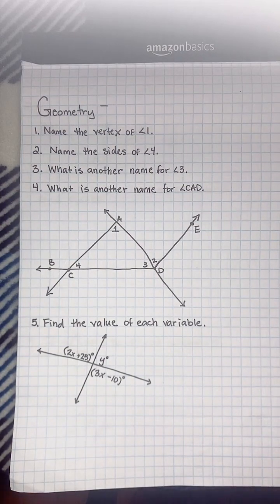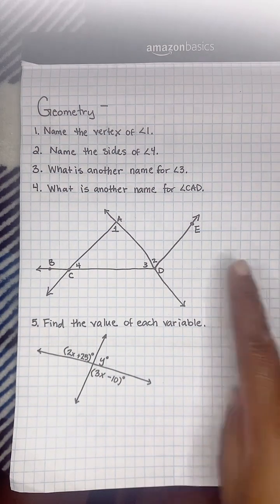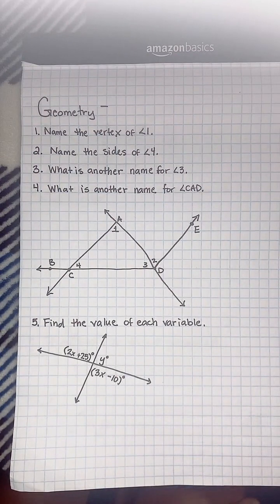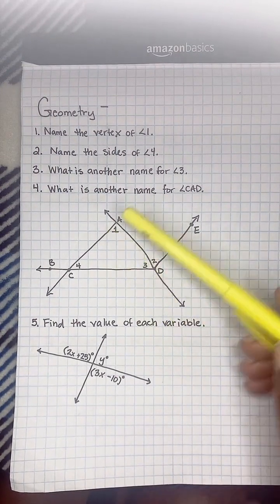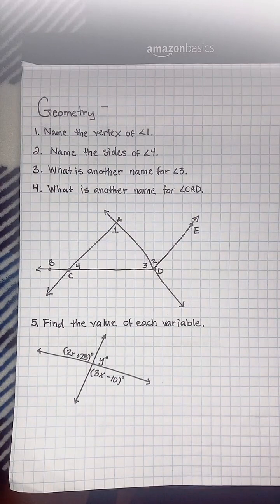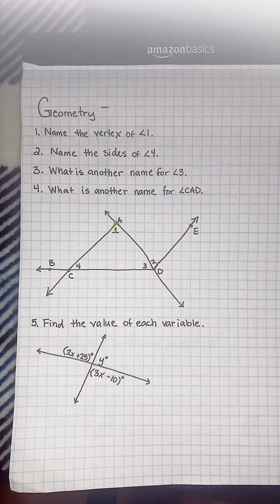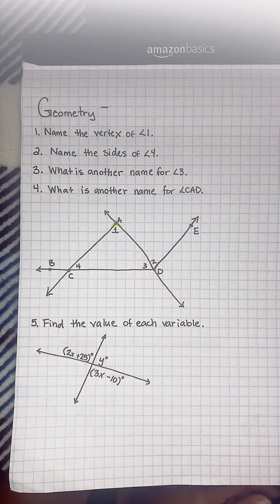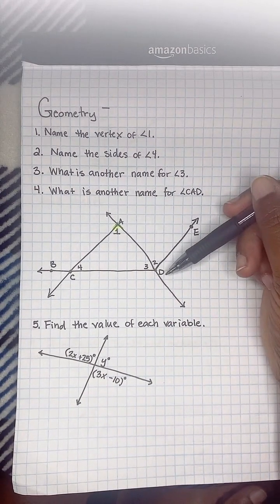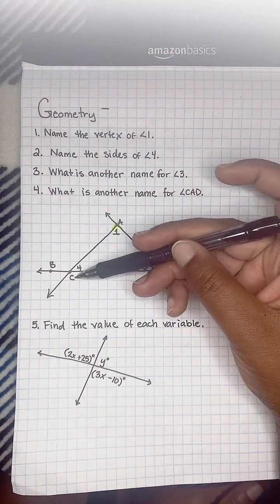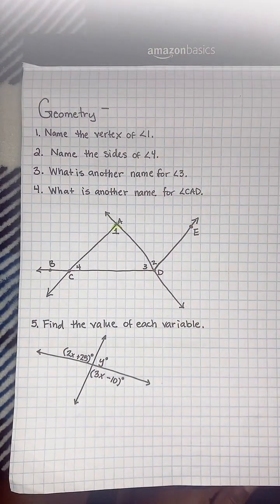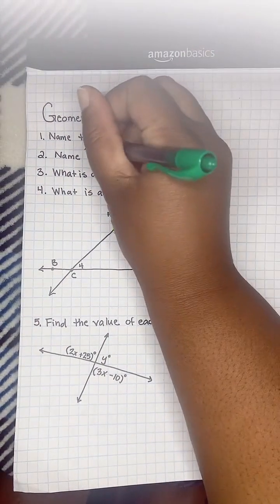Number 1 says, name the vertex of angle 1. If we look at our beautiful picture that I drew, angle 1, naming the vertex is like where the point is. So we could say angle DAC.